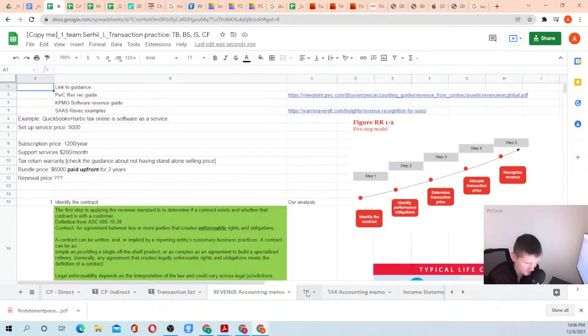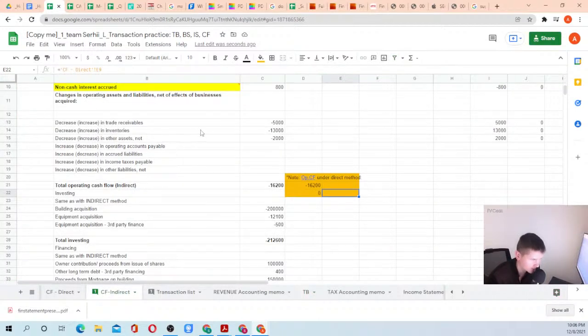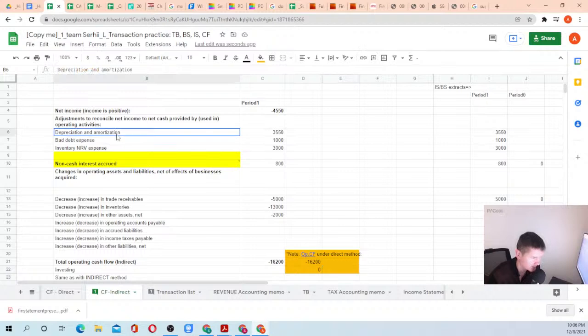Okay, let's take a look. Is depreciation clear? Is the impact on cash flow of depreciation clear?